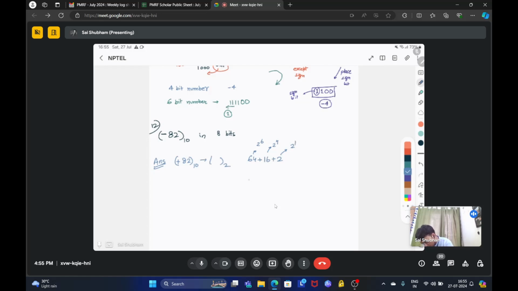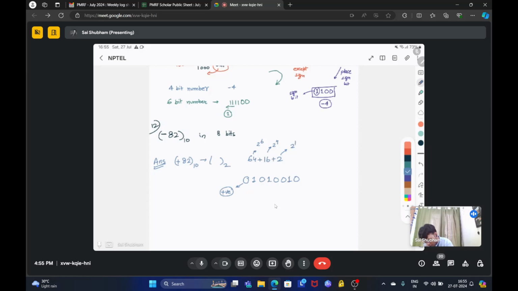So it can be represented as 1010010. Okay, so these are about 7 bits, and we have a sign bit at first. So it will be 0, which represents that it is a positive number.